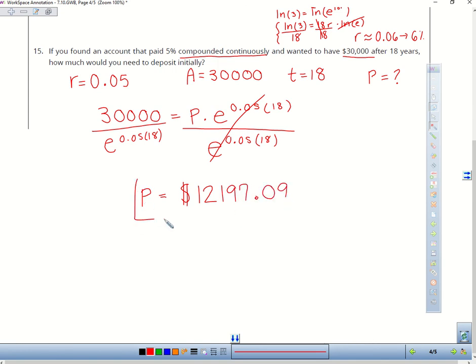So that means if you wanted to get 30,000 after 18 years, that's the amount you'd have to initially invest.